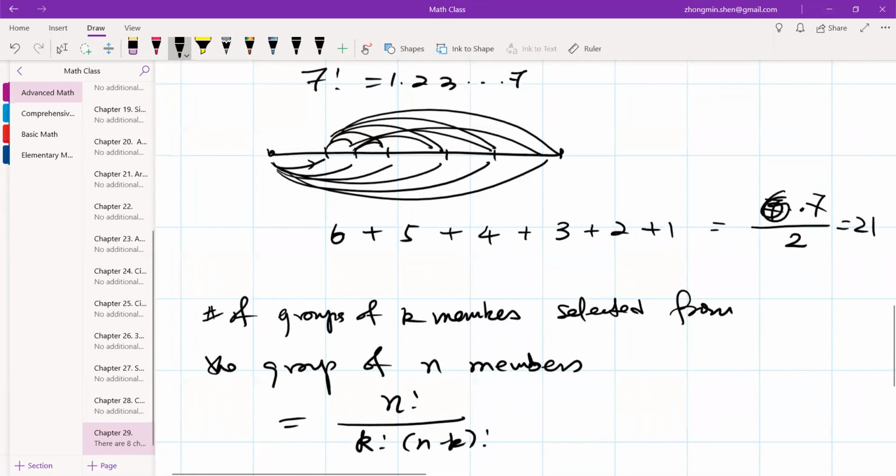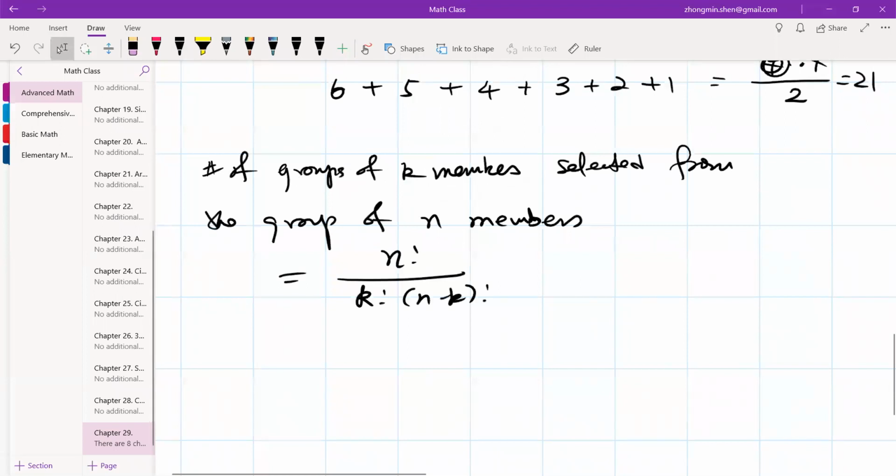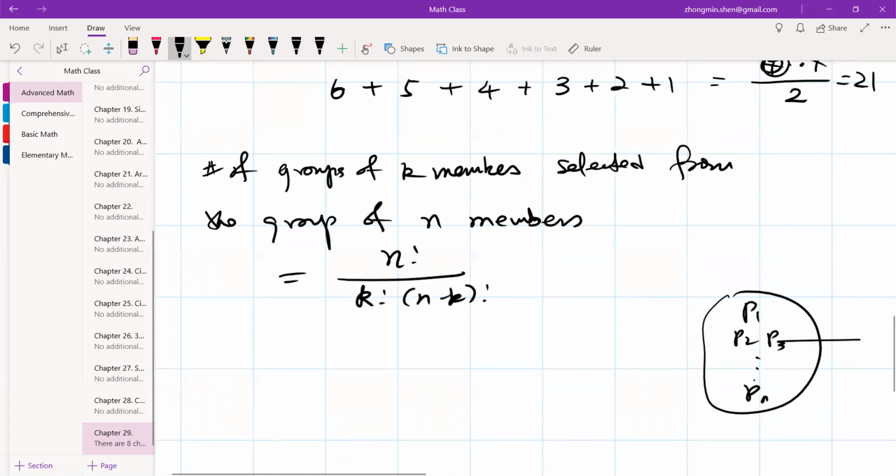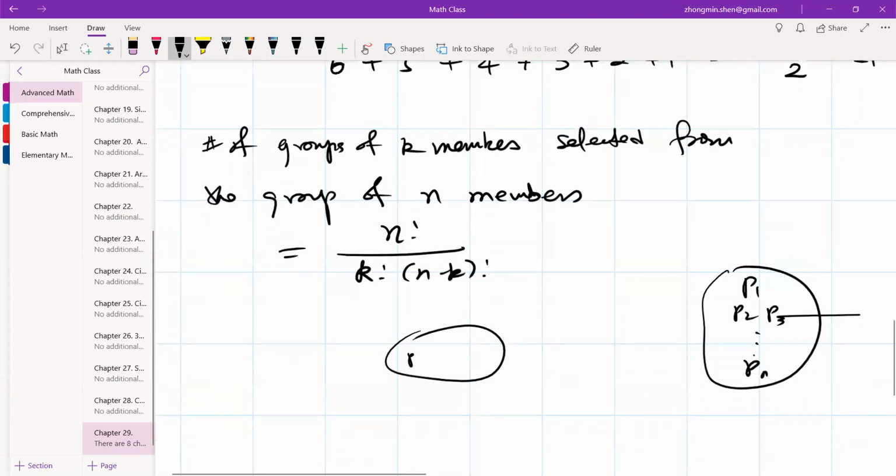Okay, so how do we get this number? Let me show you the proof. You have a group P1, P2, P3, up to Pn. You want to select k members. How do you do that?